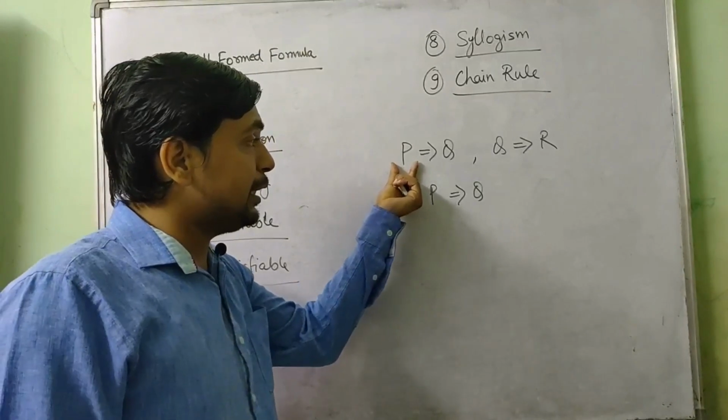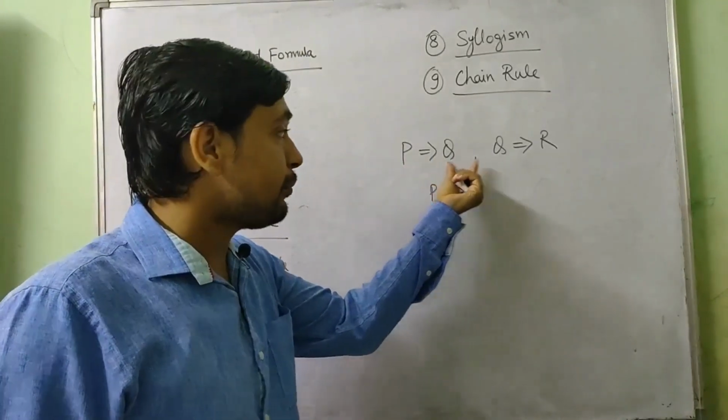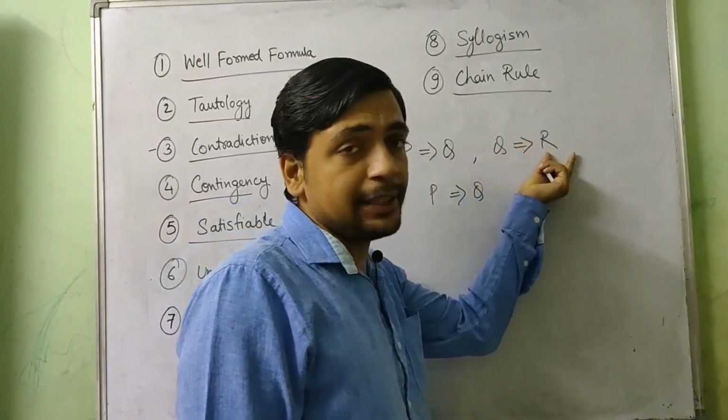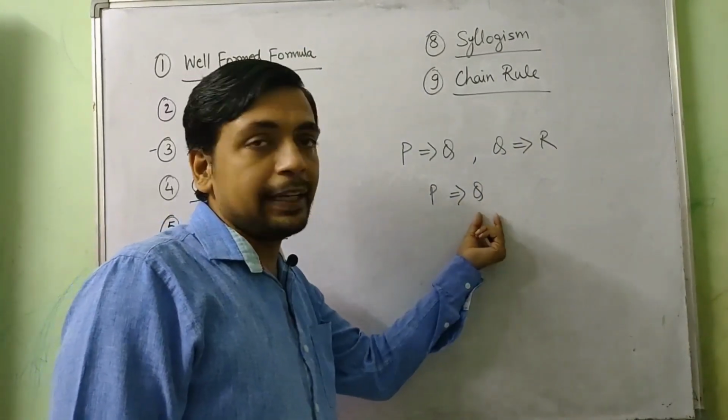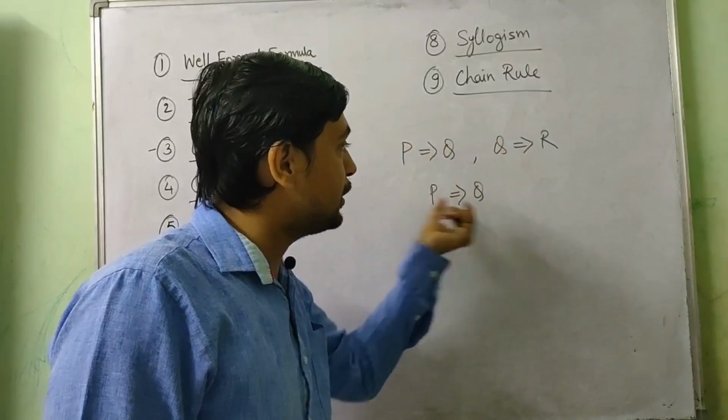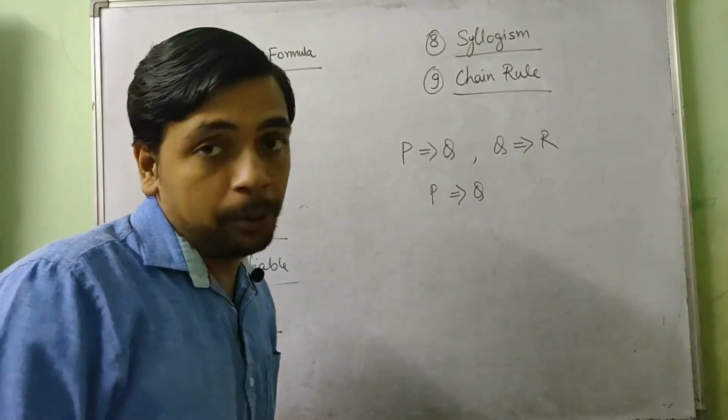So if you study, you will pass the exam. If you pass the exam, you will get a job. So if you study, you will get a job. This kind of result is known as the chain rule.